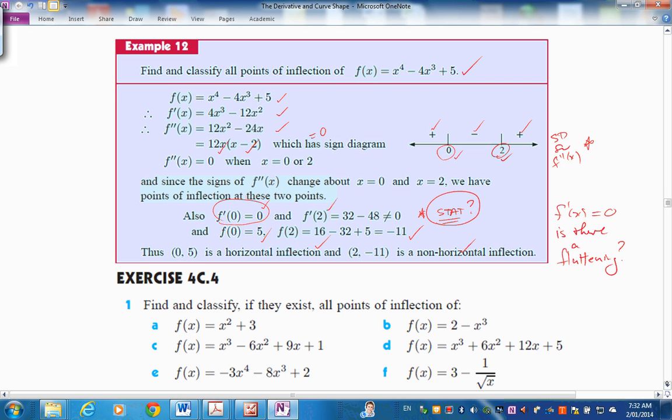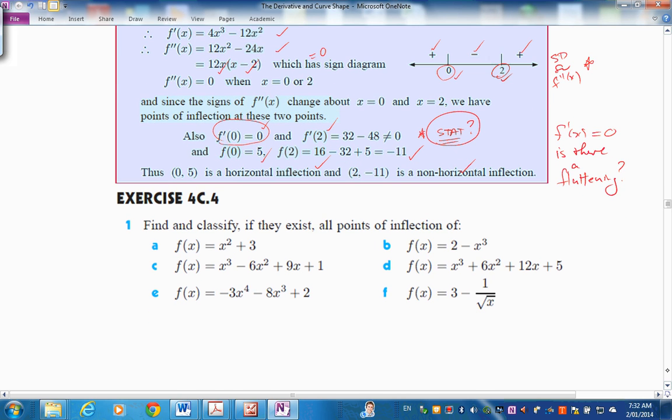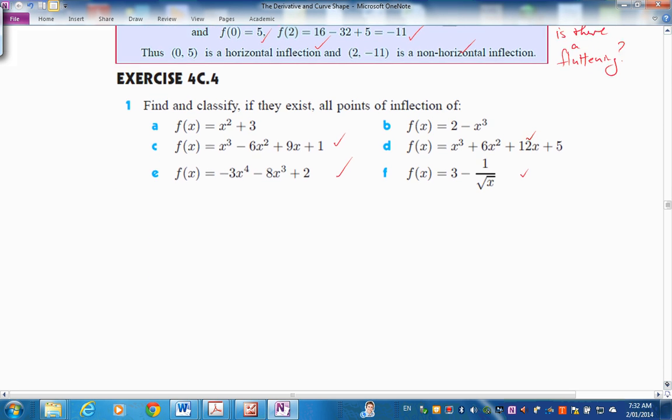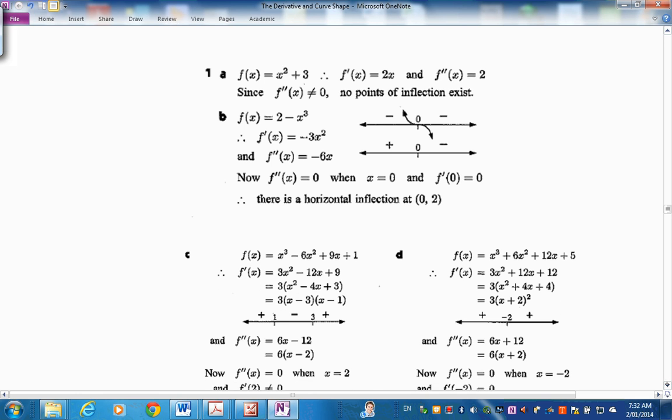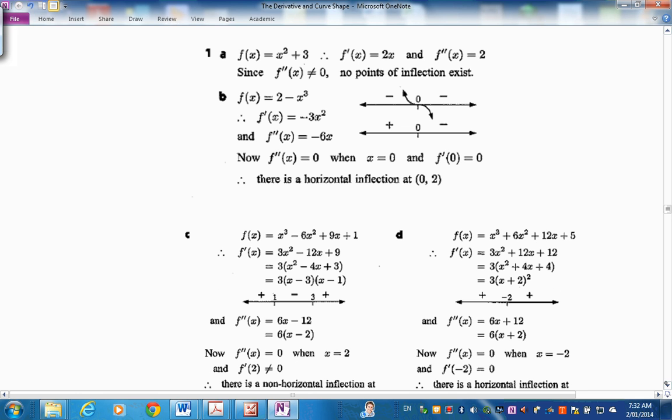Okay, so here's a couple for you to do. Have a go. Probably again I'll focus on the more interesting ones there. Alright, let's have a look at the solutions to those now. Question 1 A, B. We'll bring up C and D in a minute.